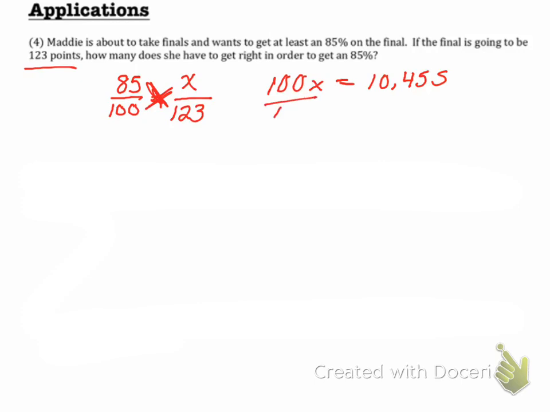And then I'll divide both sides by 100, and we get x is equal to 104.55. Now, I guess I could technically get a half a point or half a question correct, but let's say they don't do any half points. If I'm rounding to the nearest whole point, I would want to make sure I get at least 105 questions right to ensure I get an 85% on the final.